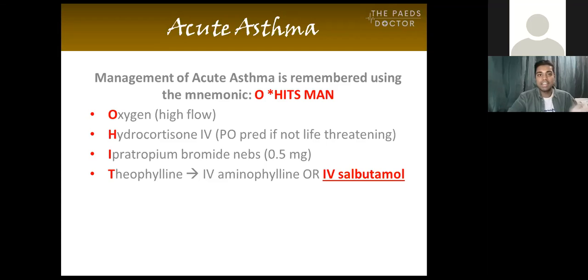But as part of the mnemonic and for exams, think of it like you do give theophylline. Salbutamol nebs obviously come earlier, hence the other mnemonic. But remember it as SHIT man. M is for magnesium sulfate, which is given later on, after IV salbutamol. Magnesium sulfate, we still don't know how it really works, but it does do the job.